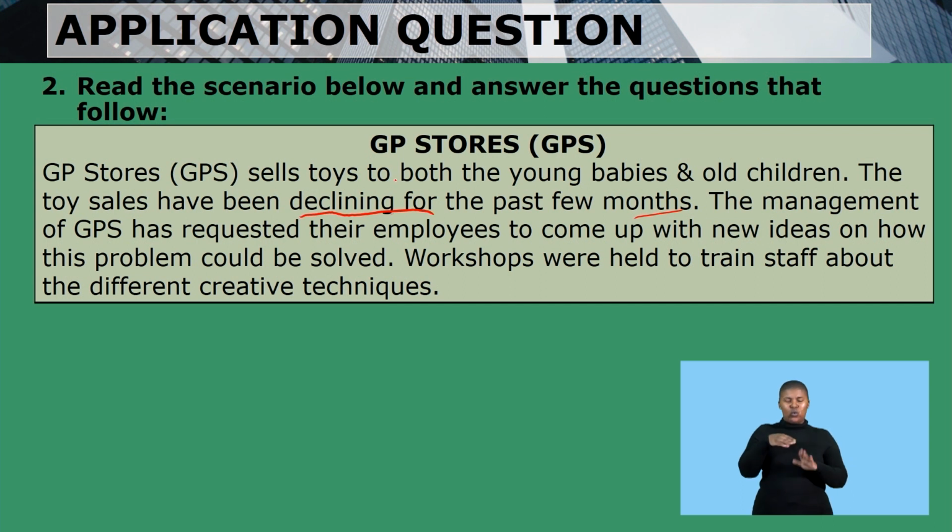It means the income or the profit that they've been getting has been decreasing for the past few months. Very important that you understand that. The management of GPS has requested their employees to come up with new ideas, keyword, new ideas on how this problem could be solved.